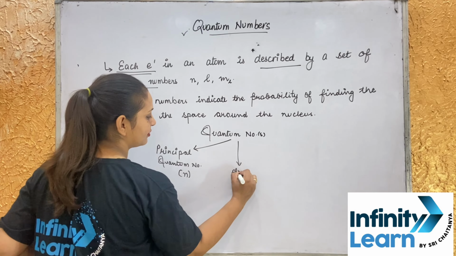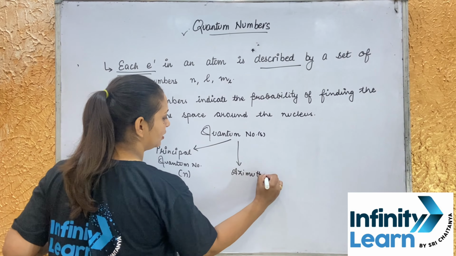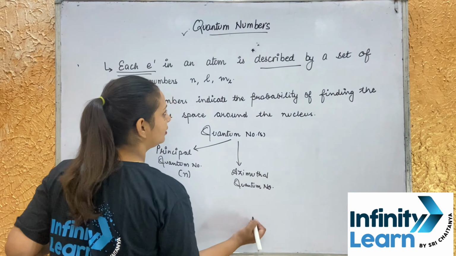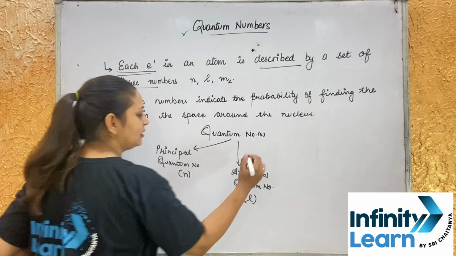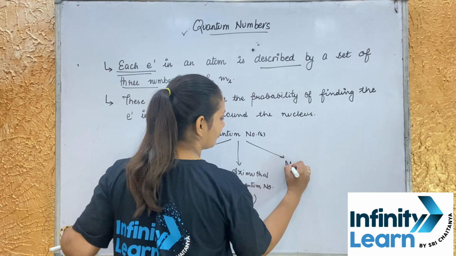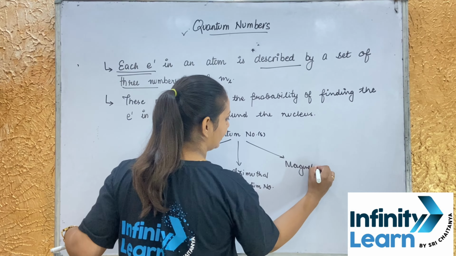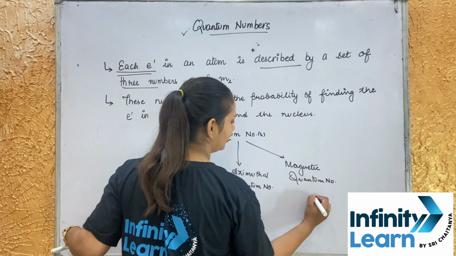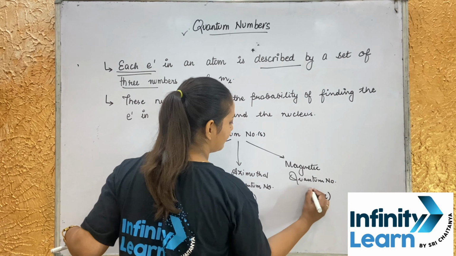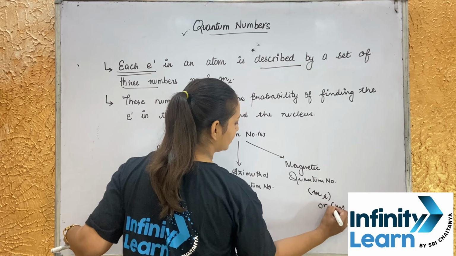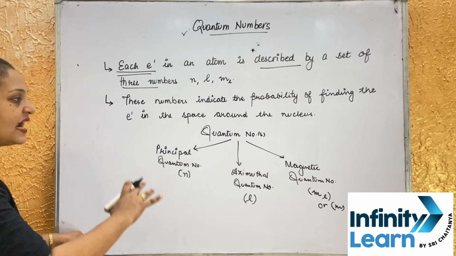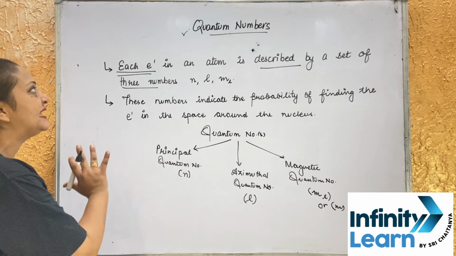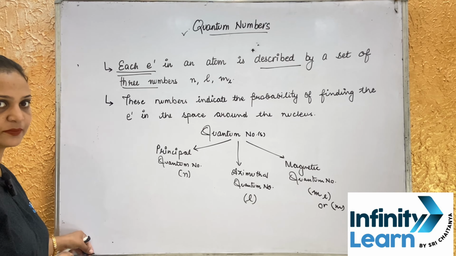Then we have the azimuthal quantum number denoted with L, and then we have the magnetic quantum number denoted with ML or simply M. These are the three numbers that describe completely an electron in an atom.